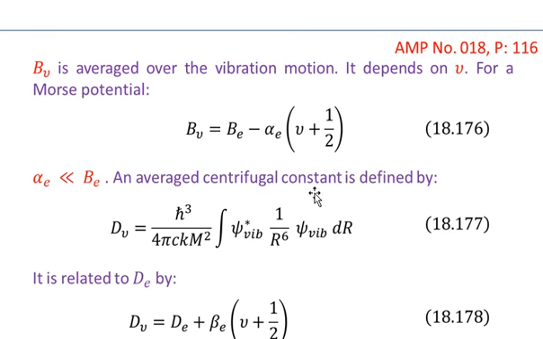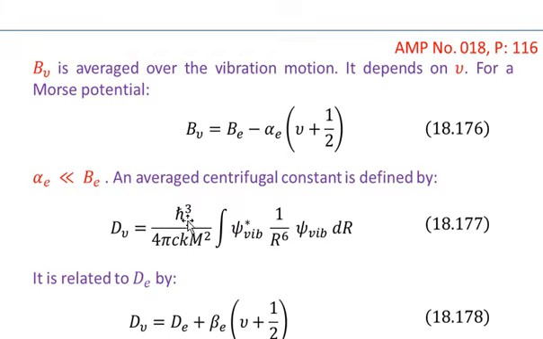An average centrifugal force constant is defined by, so the average centrifugal constant, you know that I have also defined this constant earlier, and now I am giving the average value of this constant during the average rotational motion of the molecule.